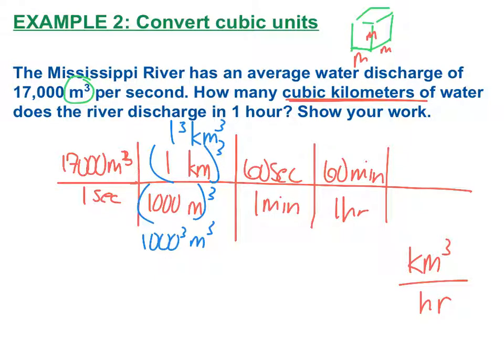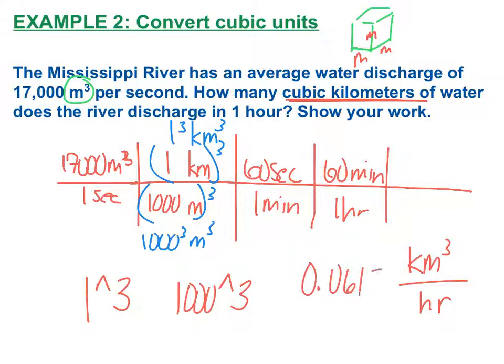So in our calculator, 17,000 times 1, and the cube is the caret symbol, so you put it in your calculator like this, times 60 times 60, hit enter, divided by 1,000, and for the 1,000 we use that caret again, divided by 1. We know dividing by 1 doesn't change anything, and we get 1.0612 kilometers cubed per hour.